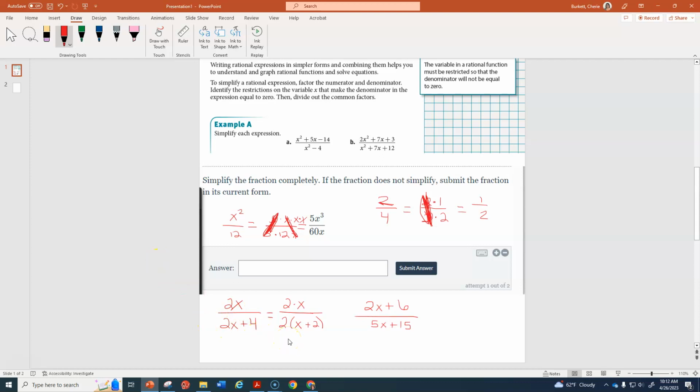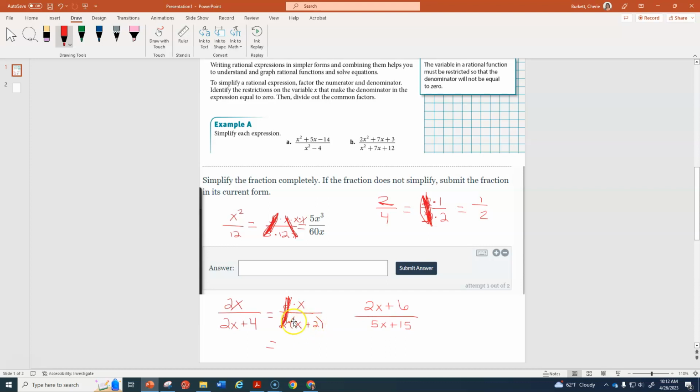Now I do have a common factor. 2 is a factor on top, and 2 is now a factor on bottom. So these 2's will divide out, leaving you a 1. Be careful. Students still want to try to reduce the top x with the bottom x, but it does not, because that's not an x, that's an x plus 2.